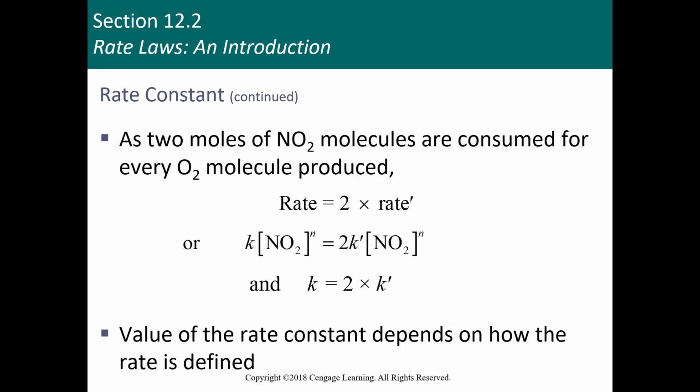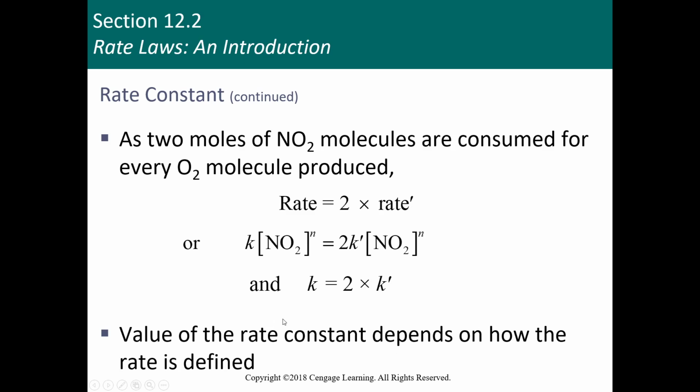So as 2 moles of NO2 molecules are consumed for every O2 molecule produced, the rate of the consumption of NO2 will be equal to 2 times the rate of production of the O2. Another way of stating that would be that the K right here would be equal to 2K prime here.